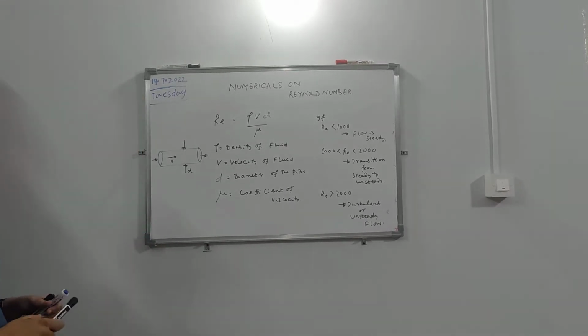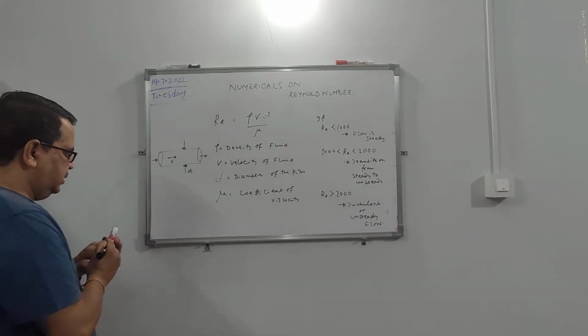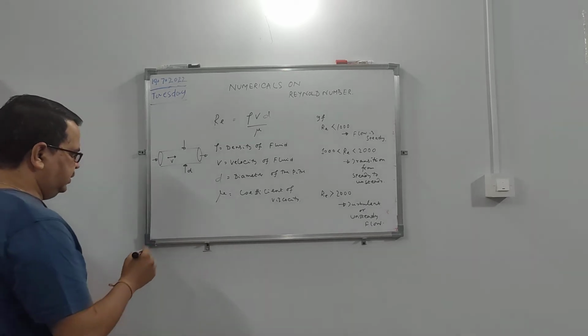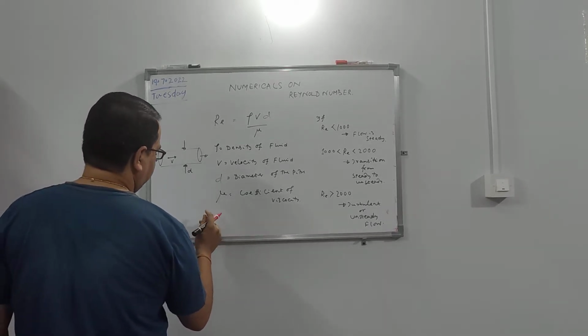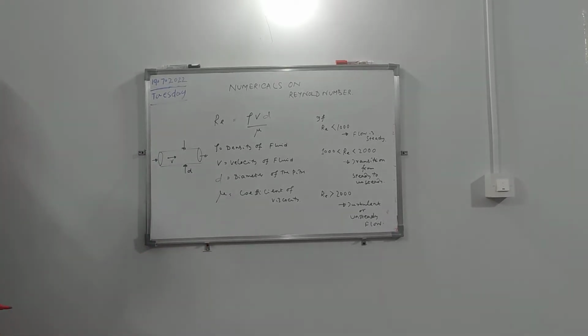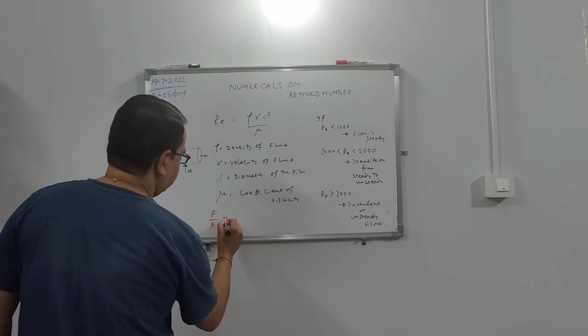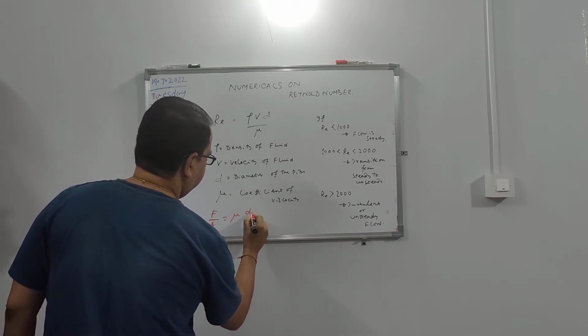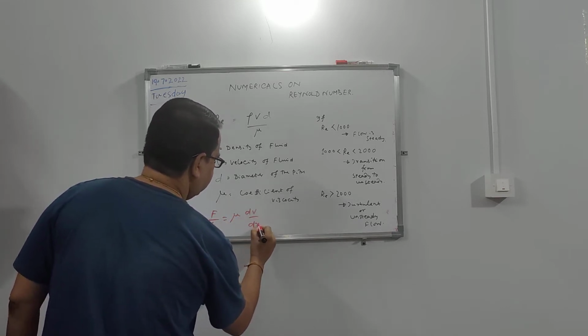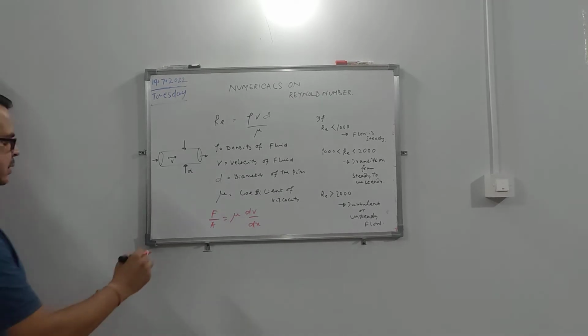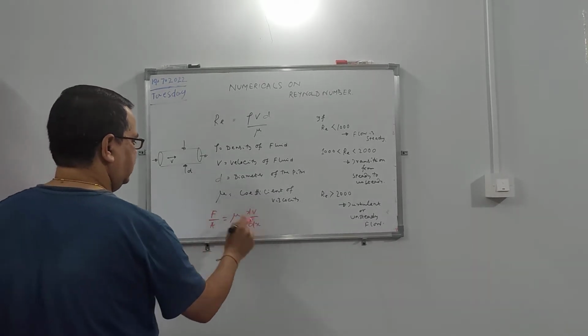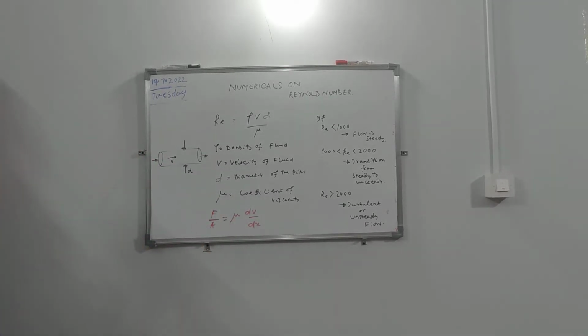And this mu, what is it? This is the coefficient of viscosity. We know the formula for viscosity: F by A is equal to mu dV by dx. On this side it is pressure, and on this side it is the strain rate.